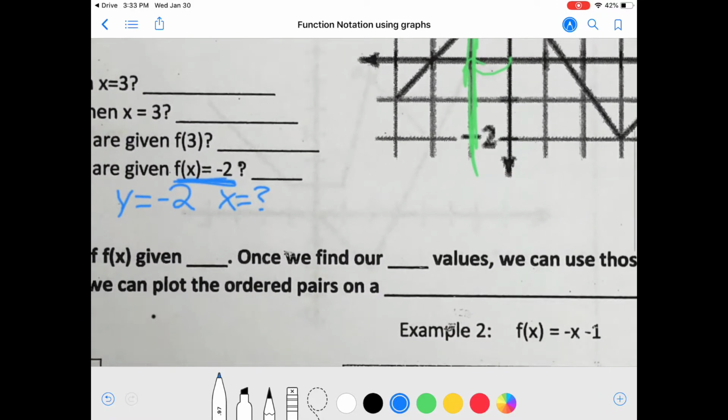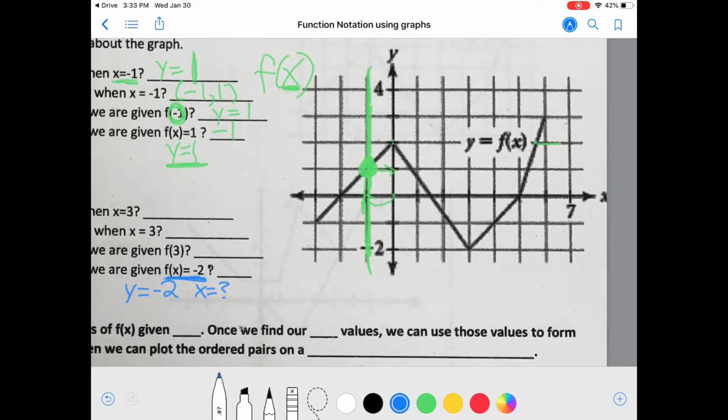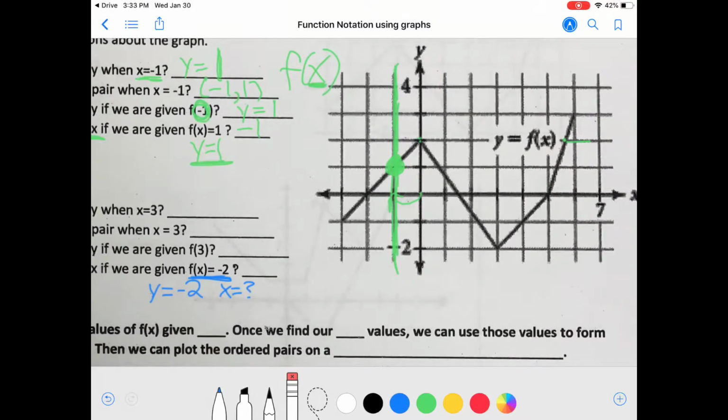So we're going to go to the graph. We're going to erase what we did last time. And we've got to look at our y-axis. Starting at the origin, I'm going to go down 1, 2. So I know I'm on this horizontal line where y is negative 2.